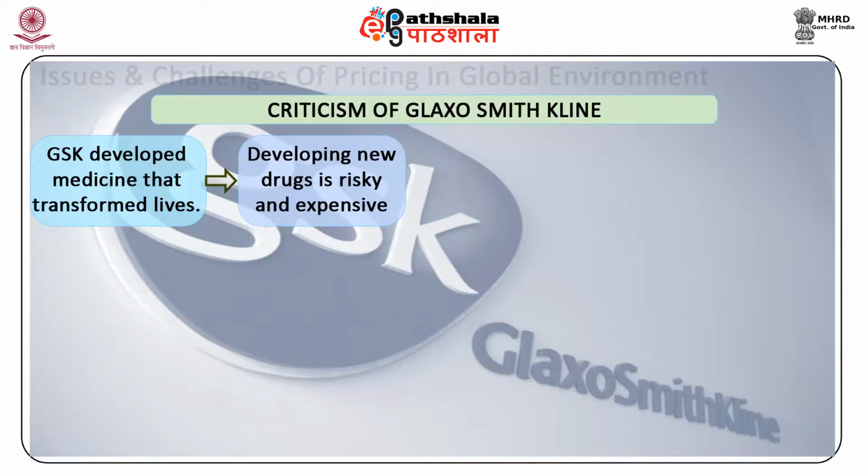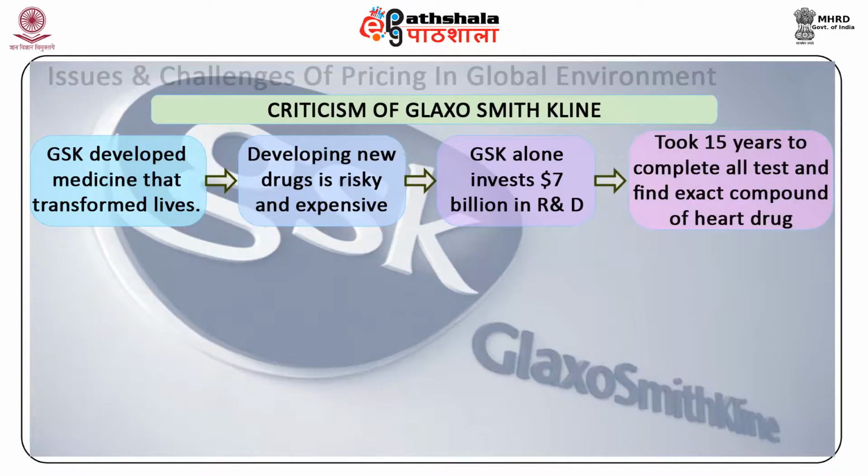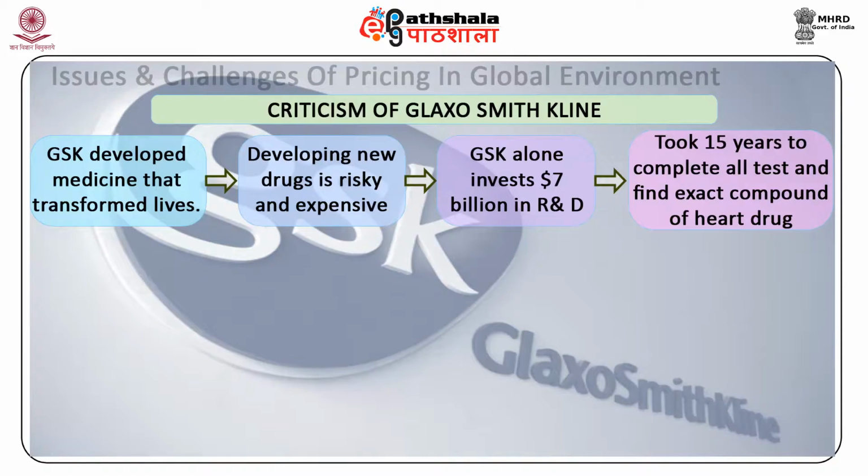The pharmaceutical industry invests nearly $50 billion a year in R&D, research and development. GSK alone invests $7 billion. A recent GSK ad notes that it took 15 years to complete all the tests and find exactly the right compound for a new heart medicine, at a cost of more than the price of a space shuttle mission.